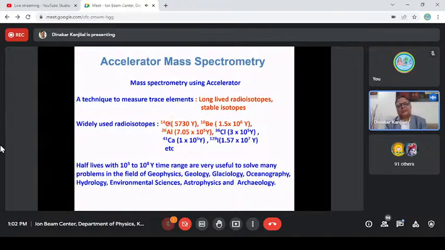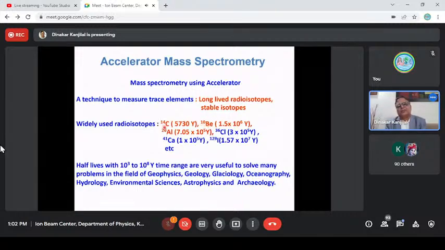Carbon-14 lifetime, the half-life, is typically 5,700 years. Typically you need about 10 half-lives, so 57,000 years typically back. You can measure 10 to 12 half-lives actually. If you want to measure to millions of years, for glaciology and all those things, people can use beryllium.